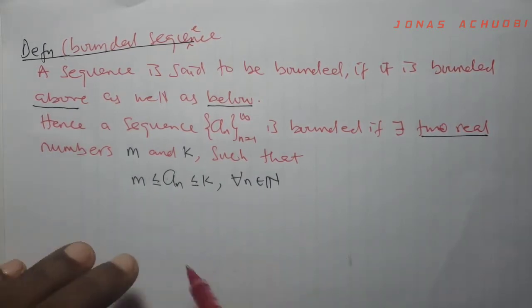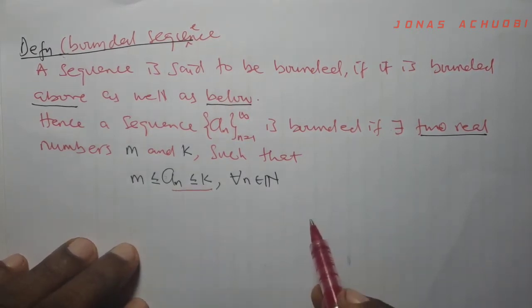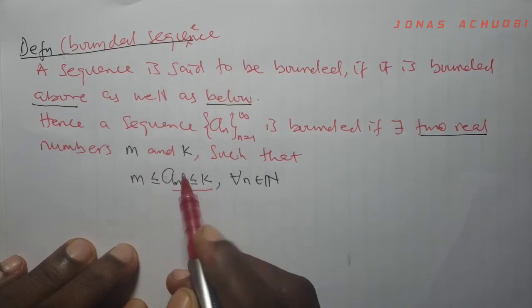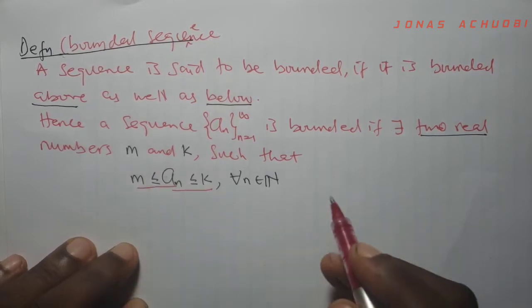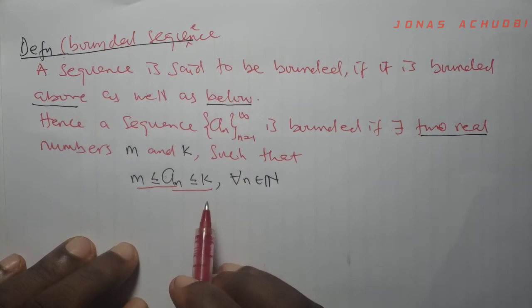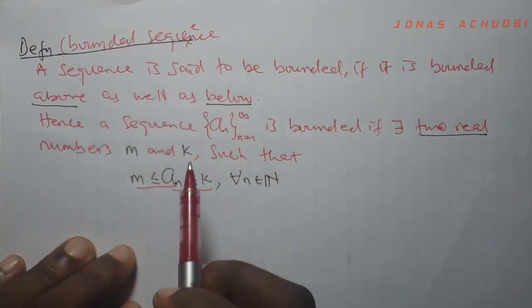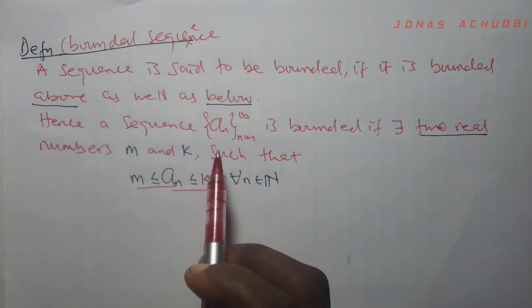Now, this part defines bounded above, and this other part here, small m less than or equal to all the terms of the sequence, the second part here defines bounded below. So what do you observe here? We observe that to define boundedness of a sequence, we must define bounded above and bounded below.